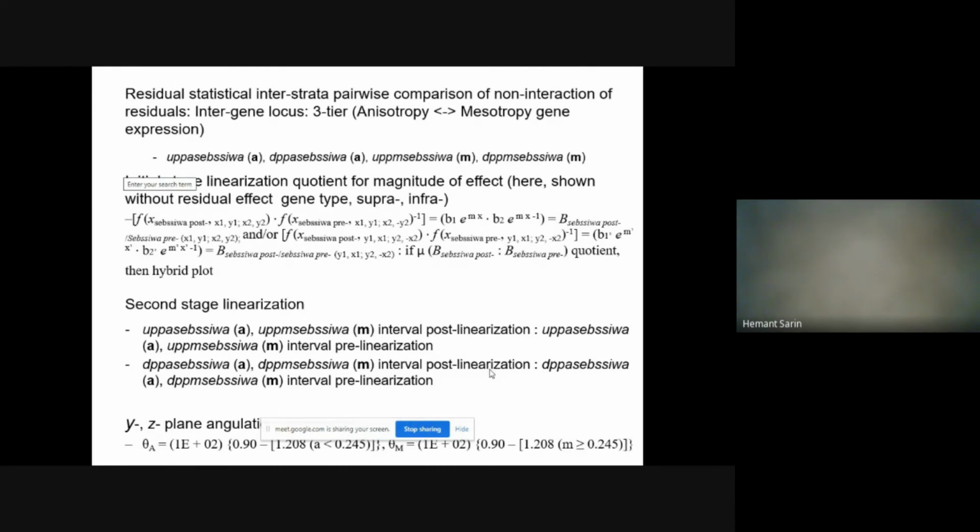There's a validation to this method, and it's been shown that this results in linearization of the anisotropy, and there's also a second stage linearization process, which is research in progress, for more detail on what has been shown.